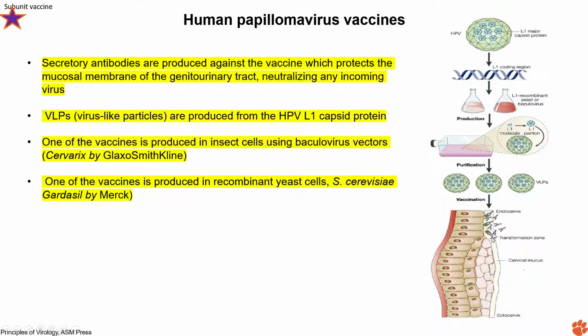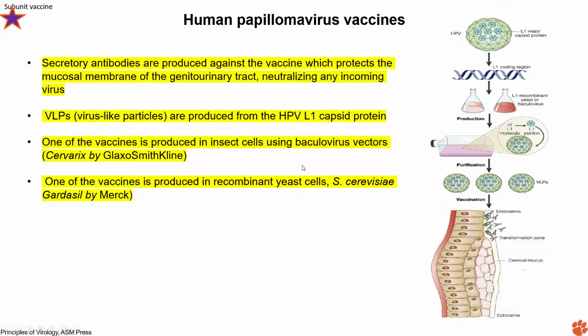So right here, this is what is being shown, that these are the mucosal lining where it is produced. And the way it is produced, the vaccine is made like virus-like particles from the HPV L1 protein. You can see that this is L1, a major capsid protein of the HPV. These are cloned in different ways.